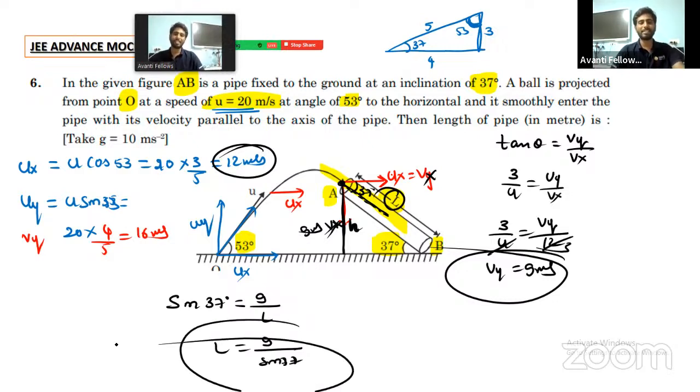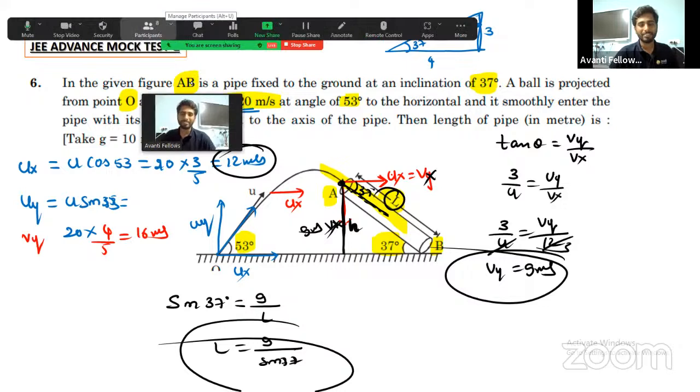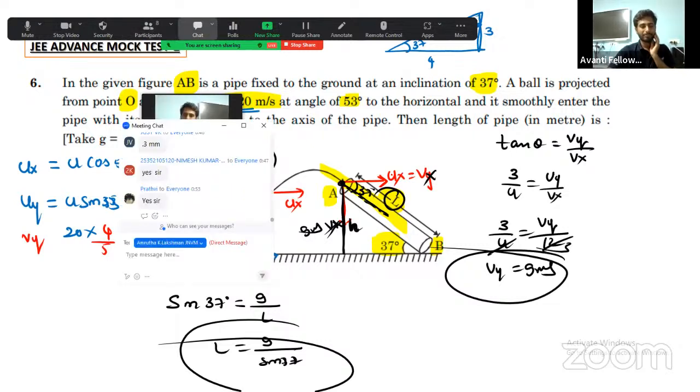Is it clear for everyone? Calculate it and let me know.